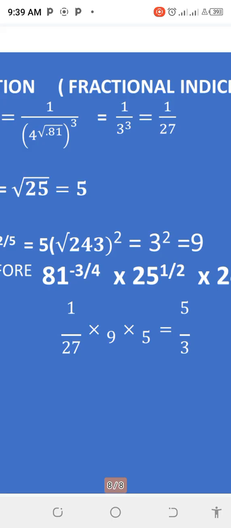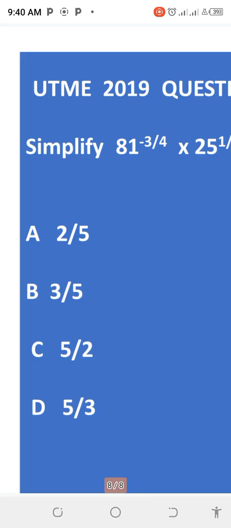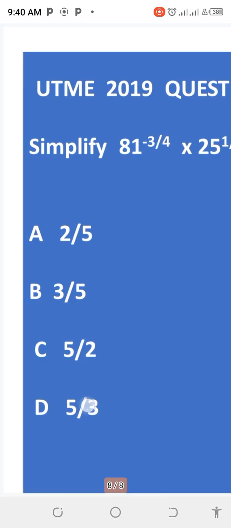So 1 over 27 times 9 over 1 times 5 over 1 is equal to 5 over 3. So the answer is 5 over 3. Let us check. So the correct option there is D.